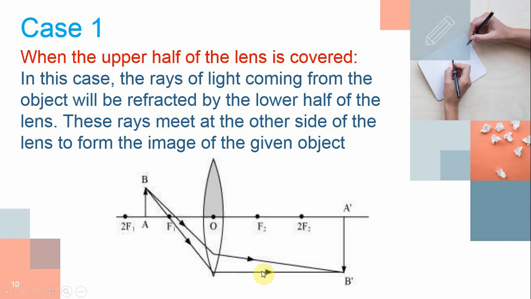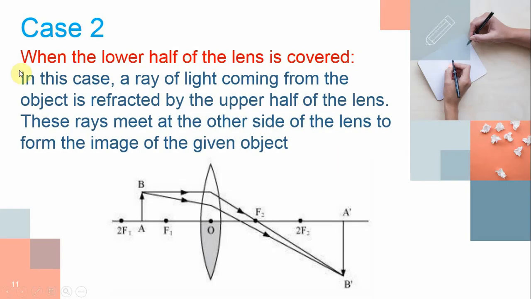After refraction, it goes parallel to the principal axis, and the other ray, after refraction, reaches the position. We can get the image. So this is the object, this is the image. We can get the image on the screen. These rays meet at the other side of the lens to form an image of the given object.